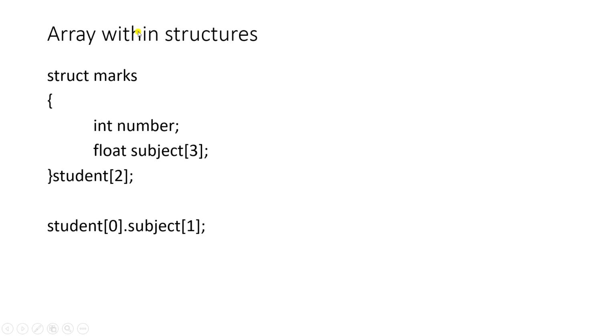Now, array within structures. Earlier we saw array of structures, and this is an array within a structure. This is a structure, tag name marks and the variable name student. This is also an array of structures. We have two structures stored in this array, and each structure will have two elements.